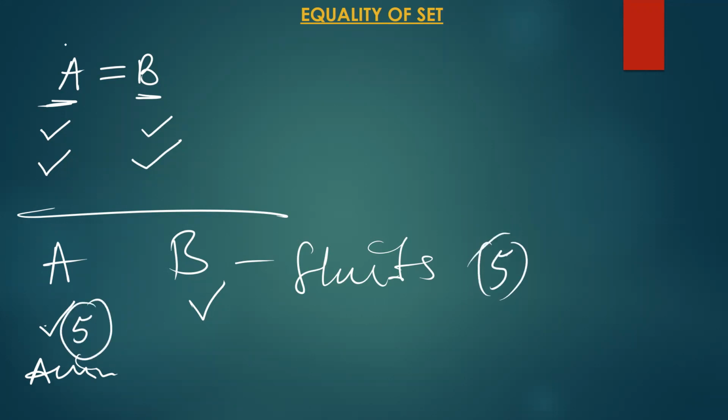But since we have animals there and fruits there, these sets are not equal. In other words, equal sets may also be equivalent.